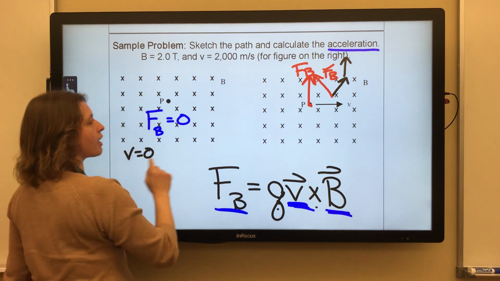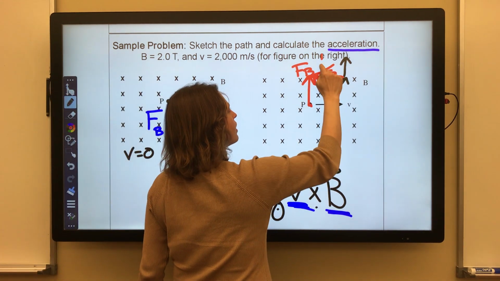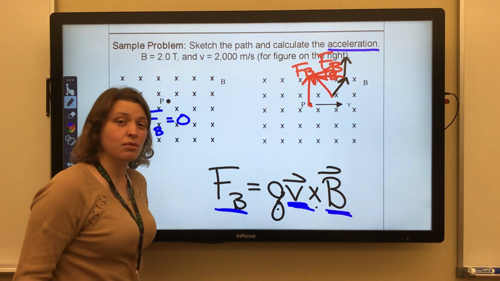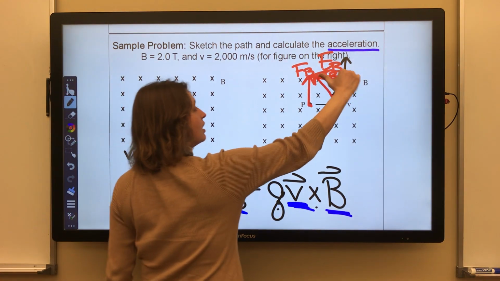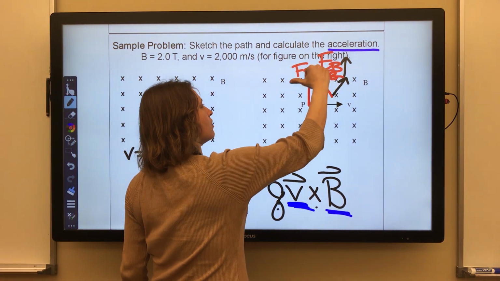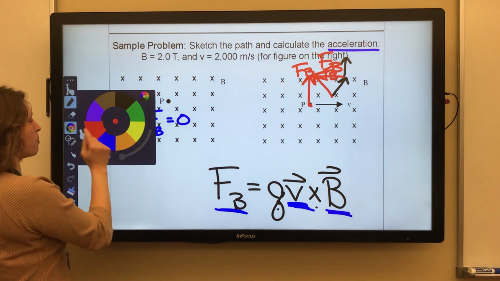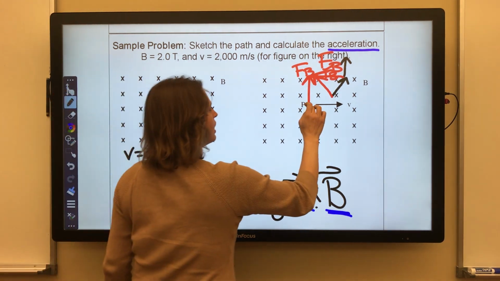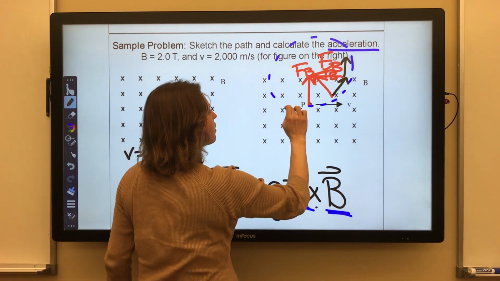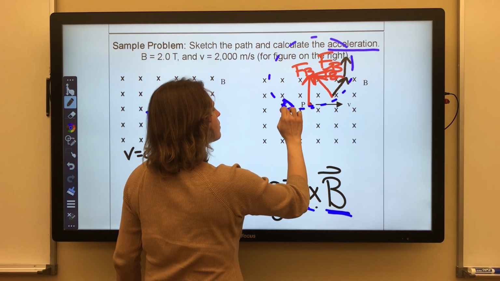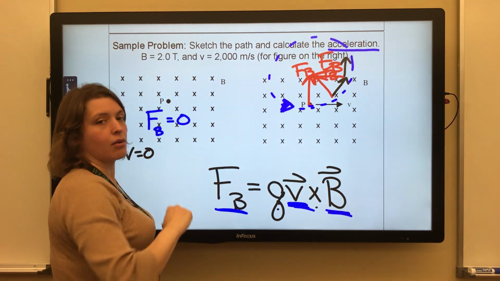That looks to me like the direction of the force on that charged particle is continually changing, but always directed inward towards the center of this rotation. If we were to draw the path that that charged particle would take, it would be a circular path. In this case, a counterclockwise circular path.